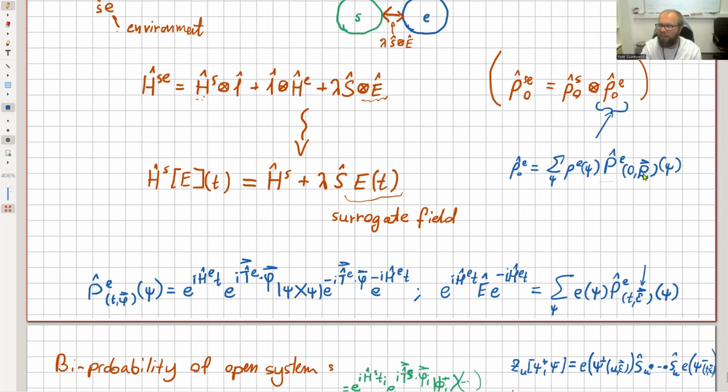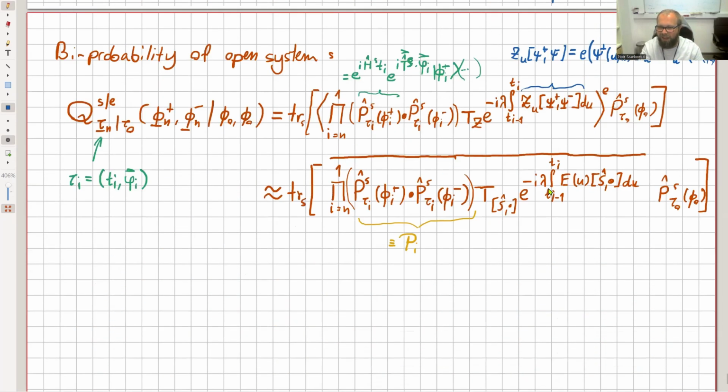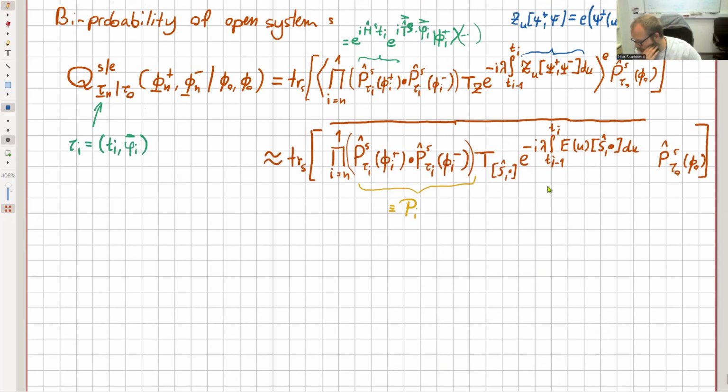Right, so a coordinate transform to the basis of the eigenkets of rho_0^E and eigenvalues rho_E. Okay, so this is all we need.